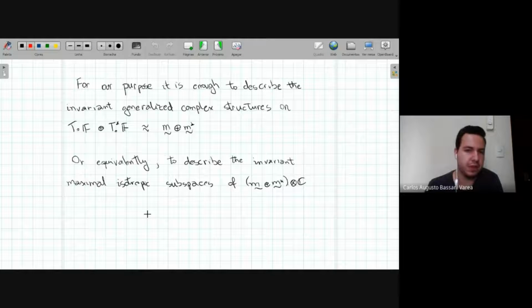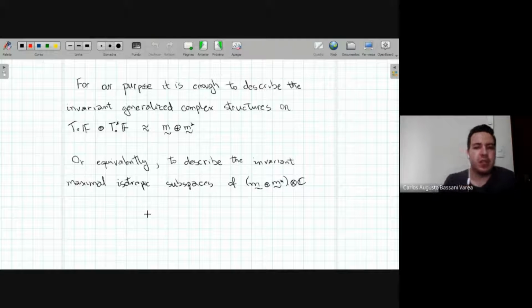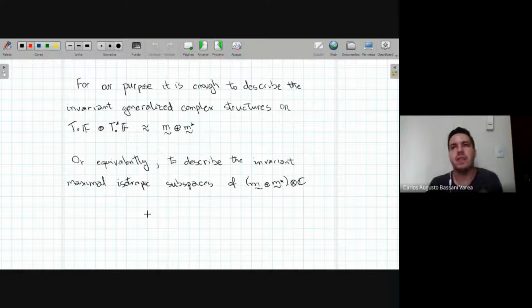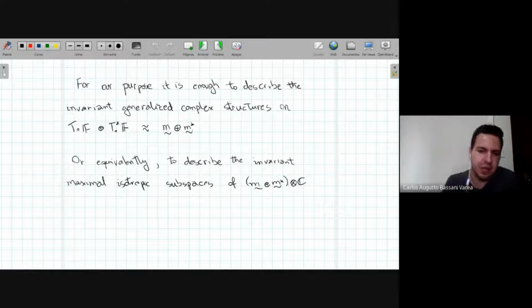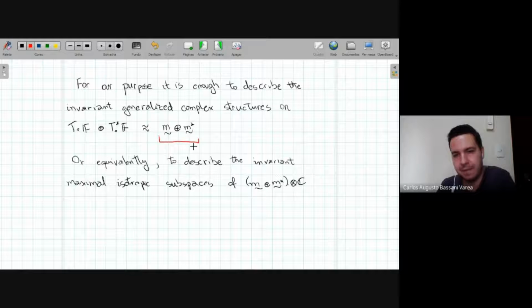So we reduce the problem of studying the whole tangent bundle plus the cotangent bundle, and now we are going to look just at the tangent space at the origin plus the cotangent space at the origin, that we are identifying with m plus m star. Or equivalently, we are going to describe the invariant maximal isotropic subspace on the complexification of this space here.